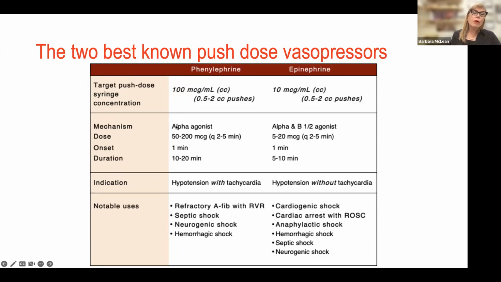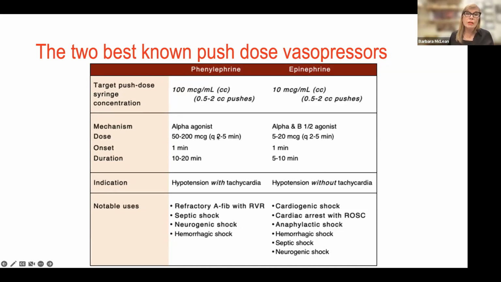And because it's a pure alpha, it doesn't have cardiac effects. So if you've got rapid ventricular response with a cardiac arrest, you could give phenylephrine because it doesn't stimulate that tachycardic response. Epinephrine, of course, is going to create some tachycardia. But we like epinephrine when we're talking about individuals who have bradycardic arrest, patients who have cardiac arrest with ROSC.